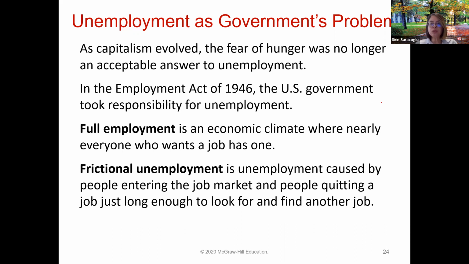So actually, full employment is when everybody who wants to work is working, okay? Everybody who wants a job has a job. That's to say, the unemployment that exists in the economy is only frictional unemployment. People who are willing to leave their jobs for a better job, okay? Or for a job that will fit their skills better.